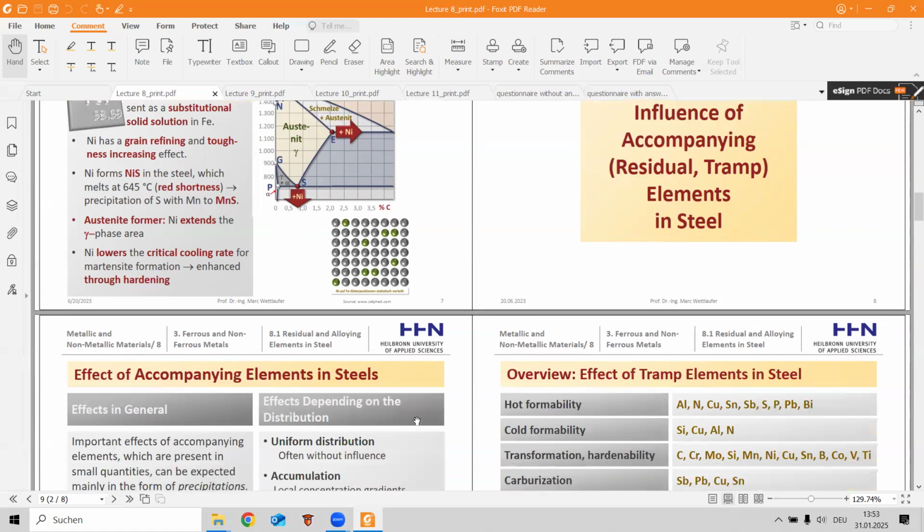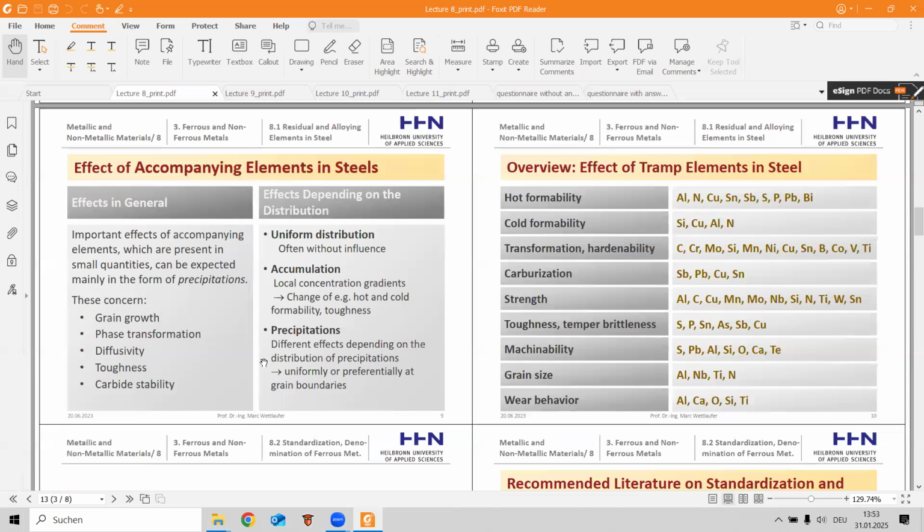Influence of accompanying residual elements in steel. In general, elements present in small quantities can be expected mainly in the form of precipitation. This concerns grain growth, phase transformation, diffusivity, toughness, and compatibility, with effects depending on the distribution.